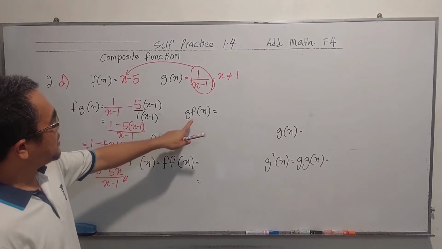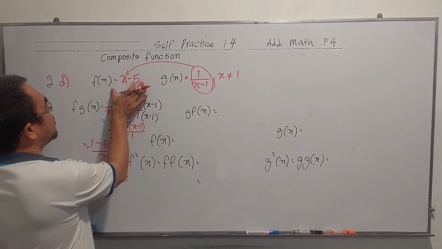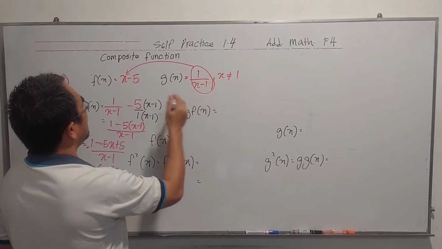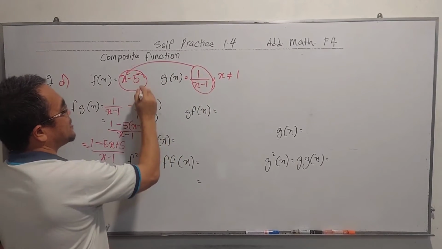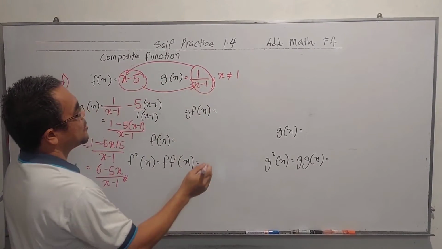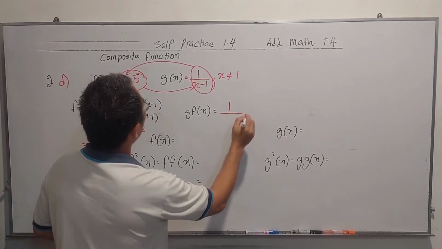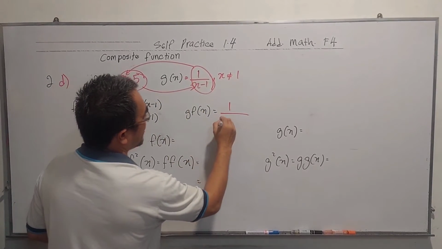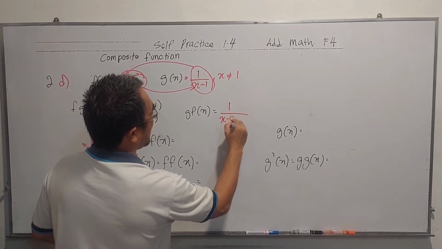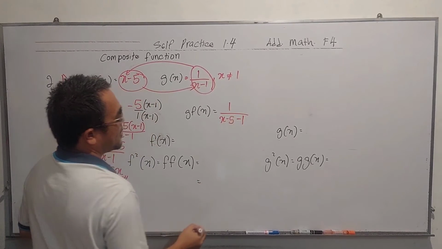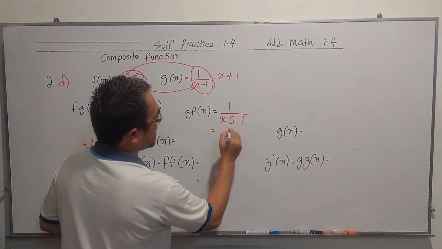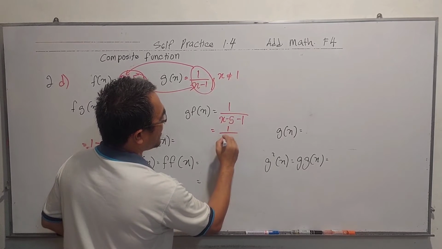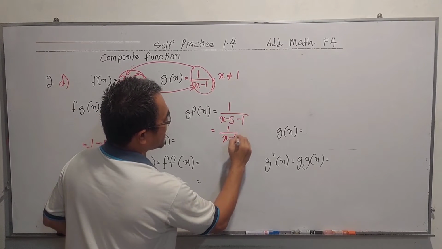Okay, so gf(x), if you substitute f inside of g, you have to move this where x is. So it becomes 1 over x, you replace with x minus 5 and then minus 1. So in this case it will be 1 over x minus 6.